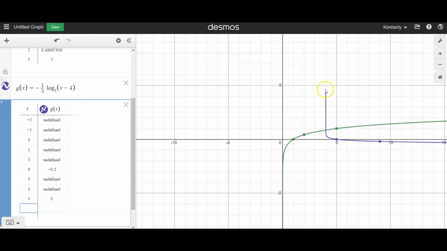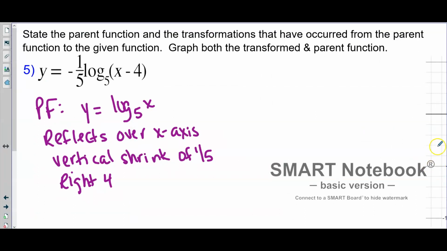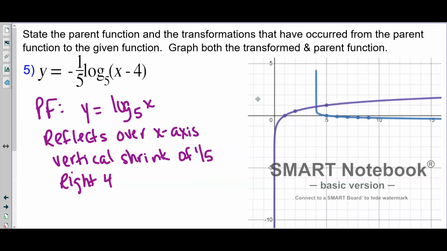And this one does not stop, it just keeps getting closer and closer. It's just not showing it. Okay. And then we said we're going to state our vertical asymptote. So for the transform function, the vertical asymptote was x equals 4.